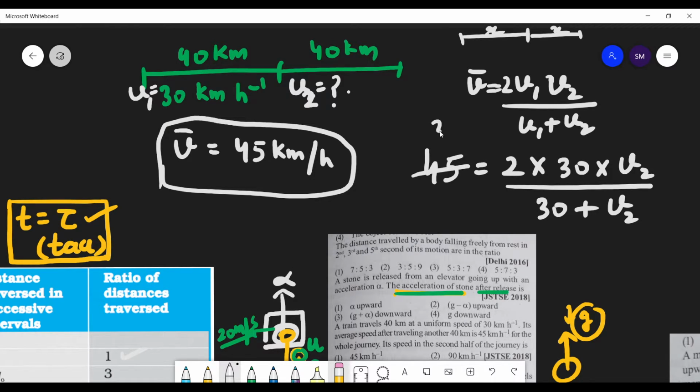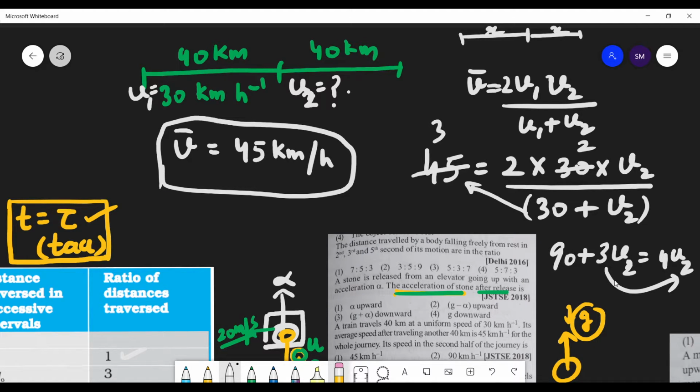This is 15 times 3, 15 times 2. Now 30 plus v2 will be multiplied with 3. What will you get? 90 plus 3v2 is equal to 4v2. So 4v2 minus 3v2 will be v2. So v2 equals 90 kilometer per hour. So why are you people taking so much time?